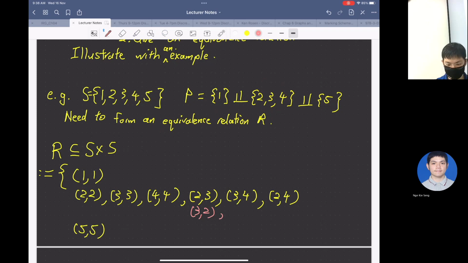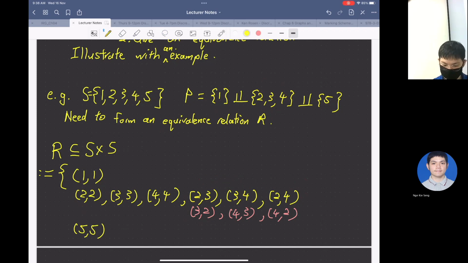And then if (3,4) is in the set, (4,3) has to be in the set. If (2,4) is in the set, (4,2) is in the set as well. How about transitive? If (2,3) is in the set and (3,2) is in the set, then (2,2) is in the set. And if (2,3) is in here and (3,4) is in here, then (2,4) is in here.